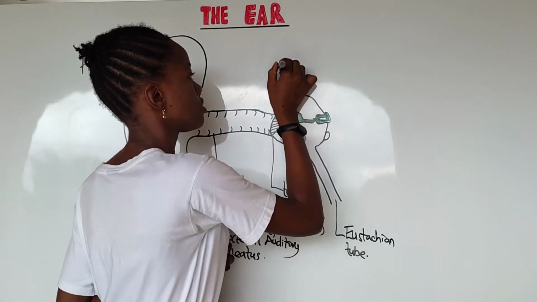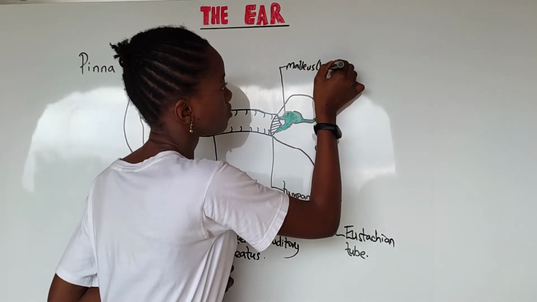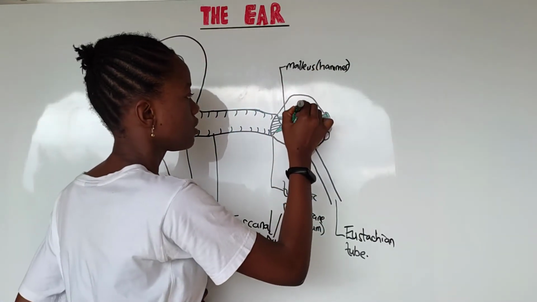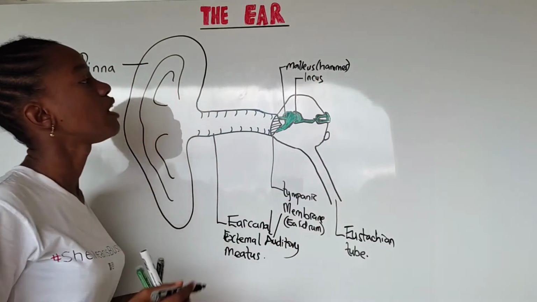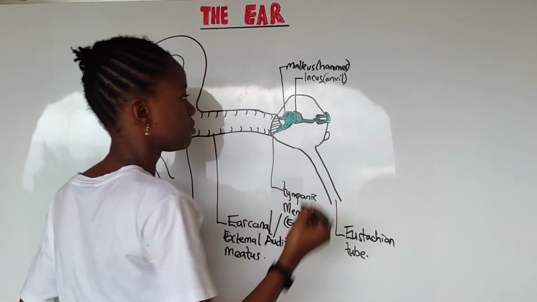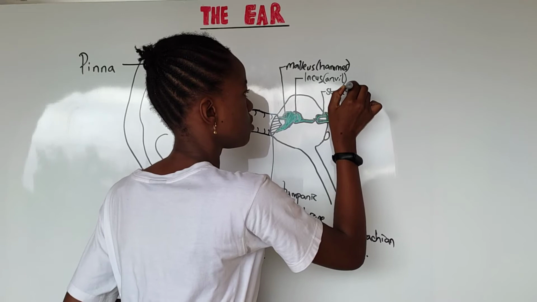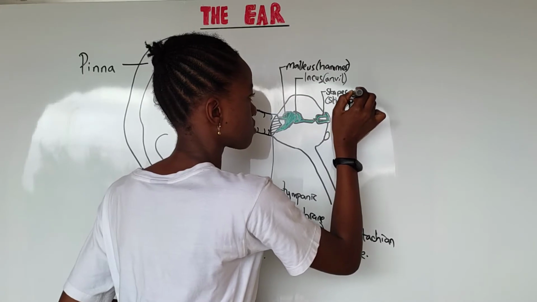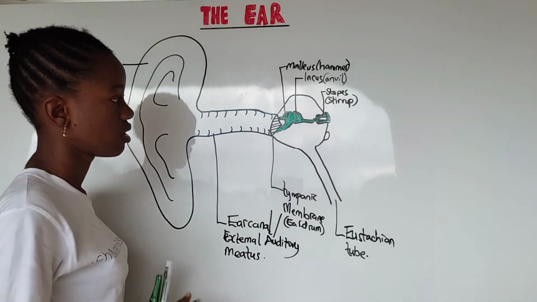So we are going to label it as such. Then we have the incus, which is also called the anvil. Lastly, we have the stapes, which is also called the stirrup. So those are the three ear ossicles.